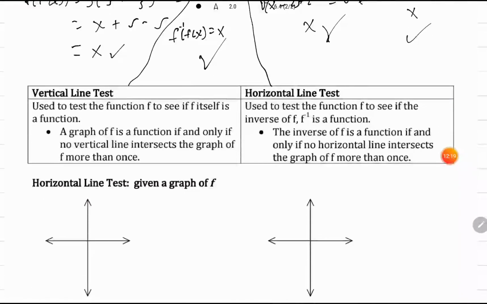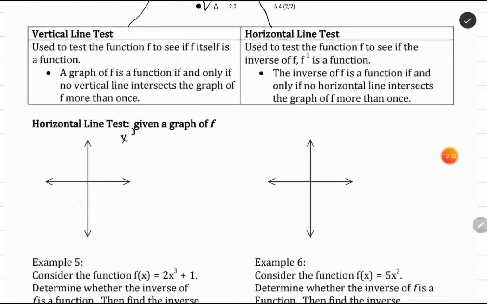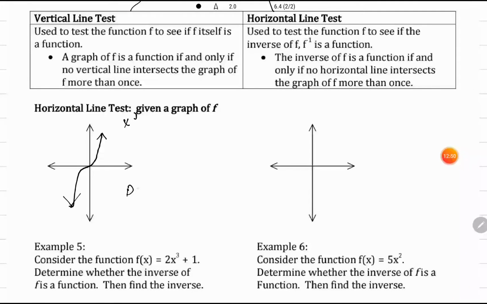Okay, next. Vertical line test. We have a vertical line test and a horizontal line test. Vertical line test tests to see if f itself is a function. Let's say I have x cubed here, which looks something like this. My domain and range are all real numbers.